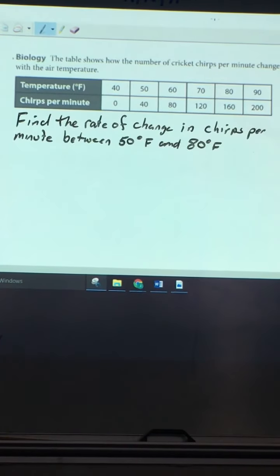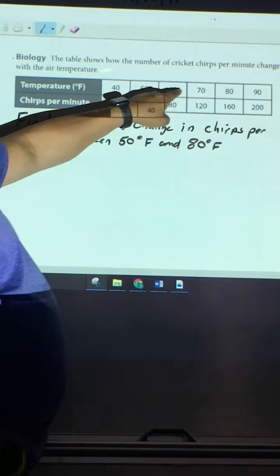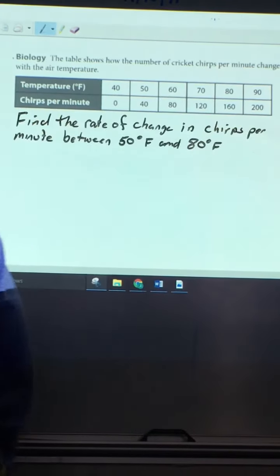What we're going to do today is calculate a rate of change from a table. The table is showing you the number of cricket chirps per minute as the air temperature is changing. So you notice we have temperature starting at 40, then goes to 50, 60, 70, 80, 90.